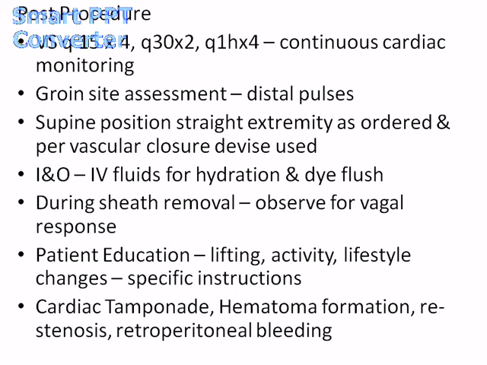Another and final complication is retroperitoneal bleeding. That's where it bleeds into the retroperitoneal space, which is the abdominal cavity behind the peritoneum. And that happens when they're trying to catheterize the femoral artery, but they go through and through.